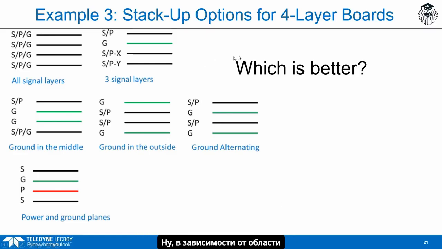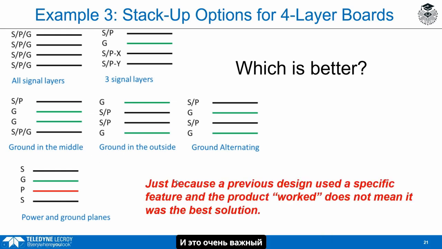Well, depending on the application, all of these may work, but some of these different options have lower noise than others. And it's a really important principle to keep in mind that just because a previous design worked, it doesn't mean it was because of what you did. It could be in spite of what you did. And if you're not measuring the noise, you have no idea what the relative amount of noise is between these options.